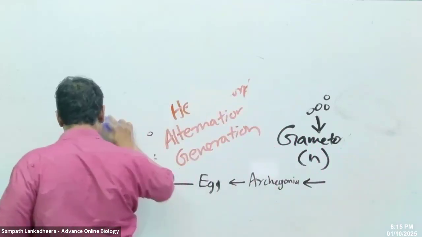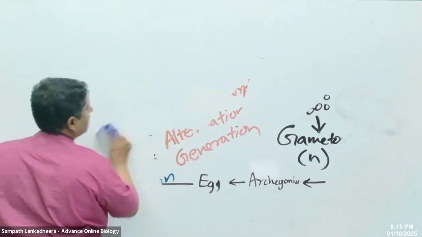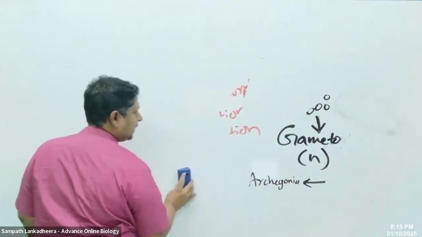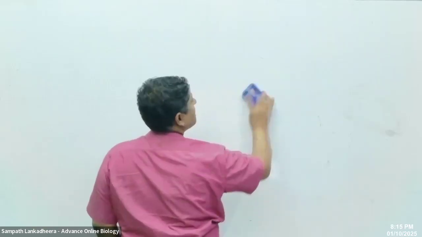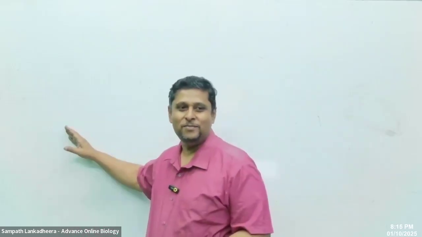It's better we start with the gametophyte. The sporophyte is there and the gametophyte is also present, but it's a cycle, so it doesn't matter where you start. You come to the same point. So we can start somewhere here.